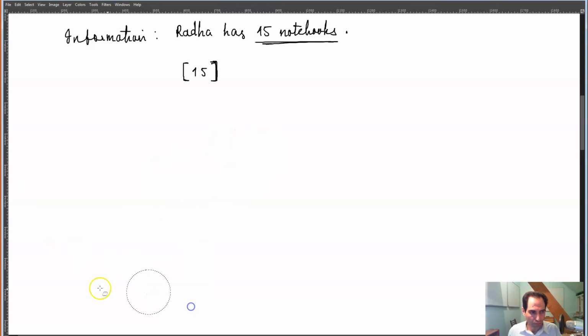So this way of writing down this piece of information is a notation that you can use.